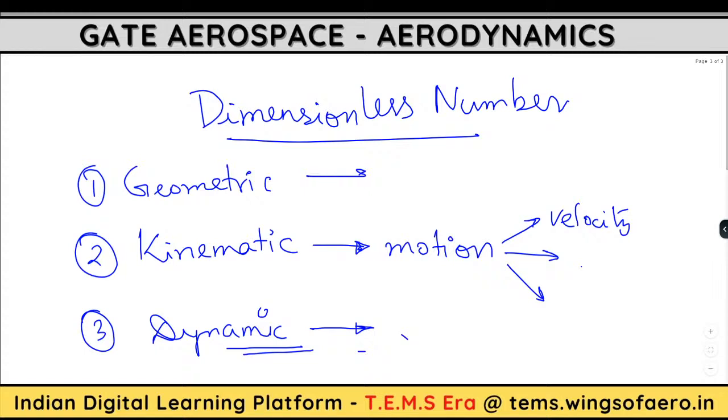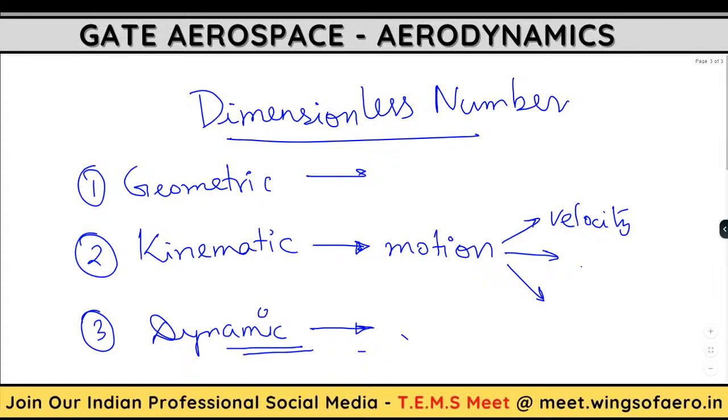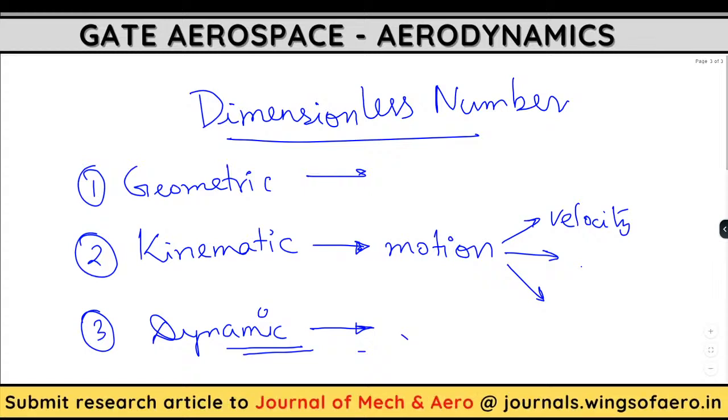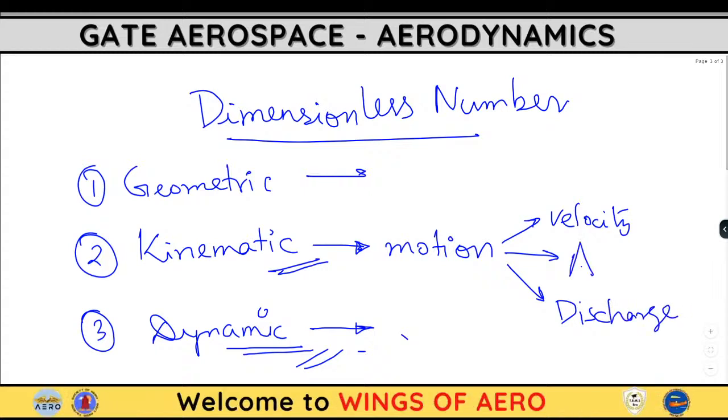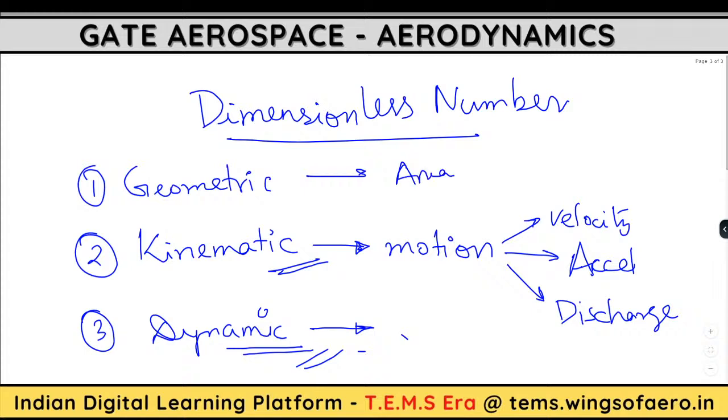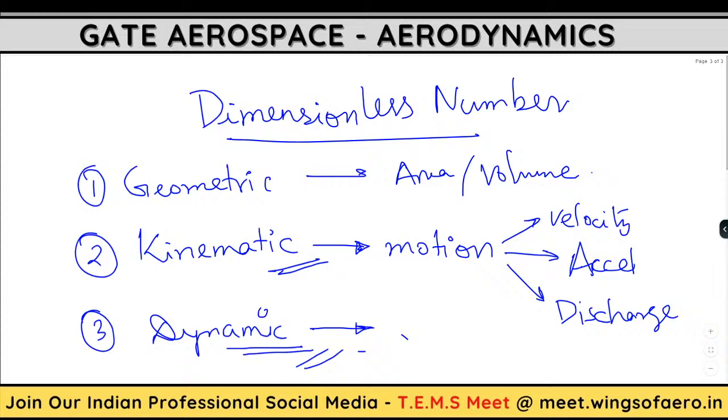We call that dynamic. For example, force, surface tension, and shear stress come under dynamic. Discharge, velocity, angular velocity, accelerations, angular accelerations come under kinematic. Geometric means area, volume, and so on.